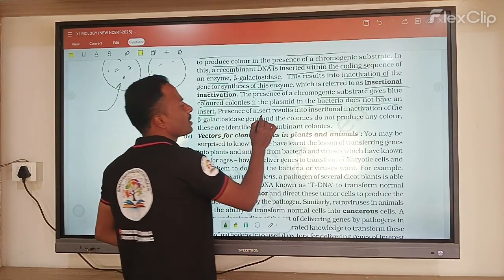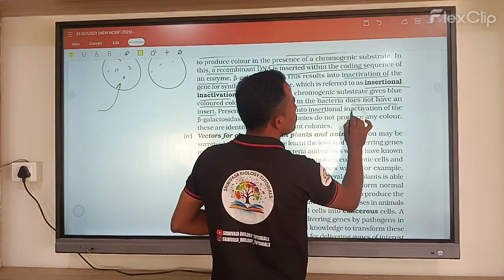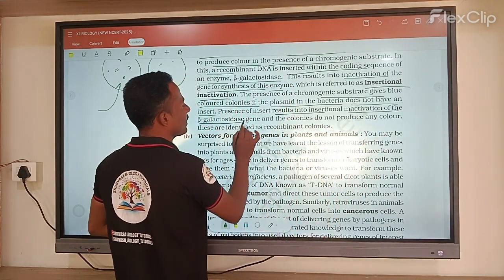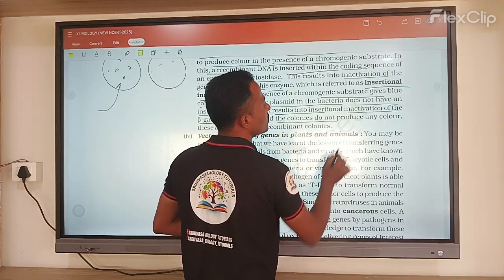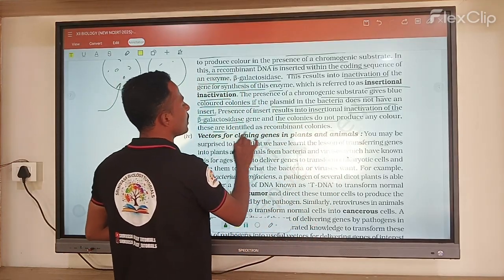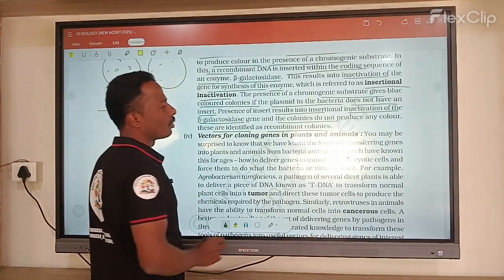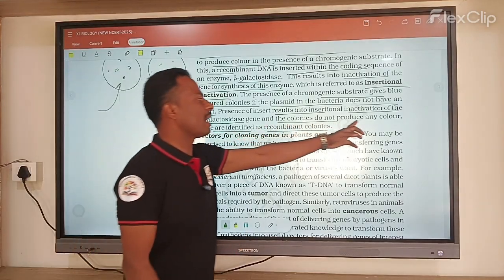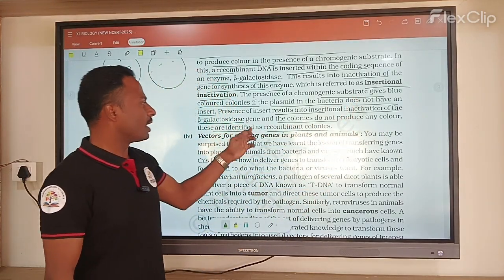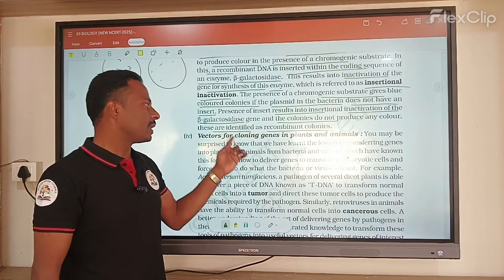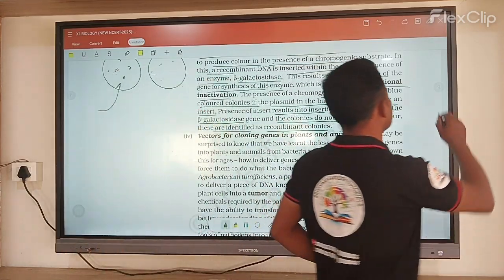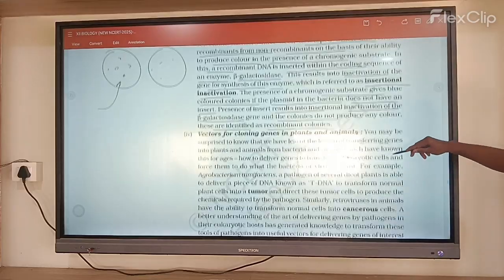The presence of an insert results in insertional inactivation of the beta-galactosidase gene, and the colonies do not produce any color. This is the identification of recombinant colonies. So the colonies that do not produce any color are identified as recombinant colonies.